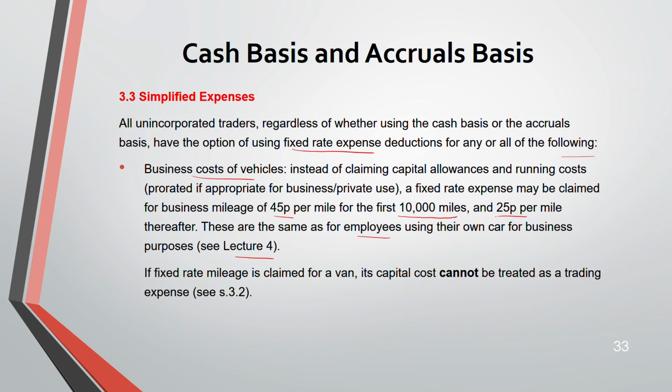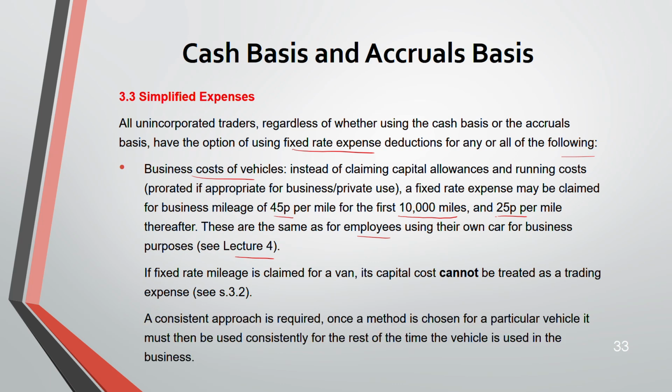So here, a fixed rate mileage is claimed for a van. Its capital cost cannot be treated as a trading expense. Now, a consistent approach is required. So once you have chosen a method, you have to consistently use that method.